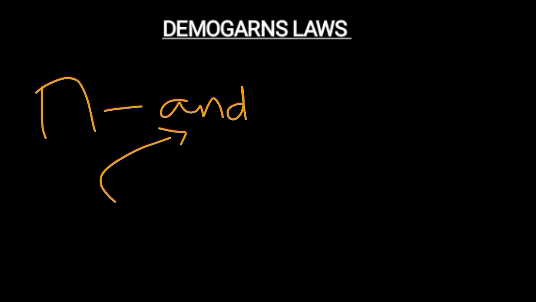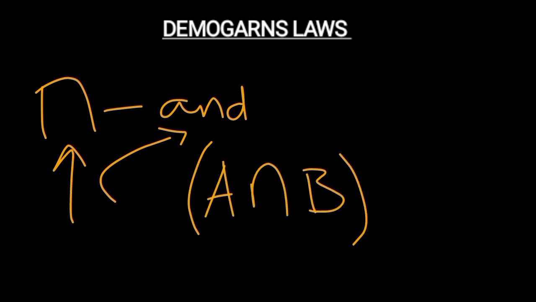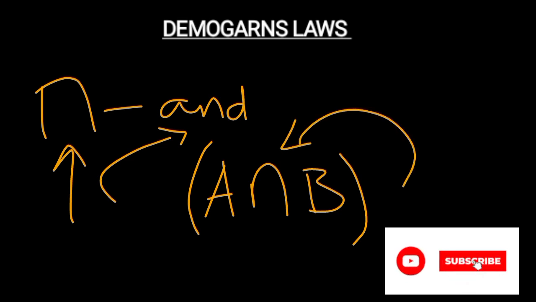And also for intersection. The intersection symbol, in wording, is the same as and. After the brackets, we are going to use and instead of this symbol. For example, if we have A intersection B in brackets, we have described this set using the symbol of intersection.